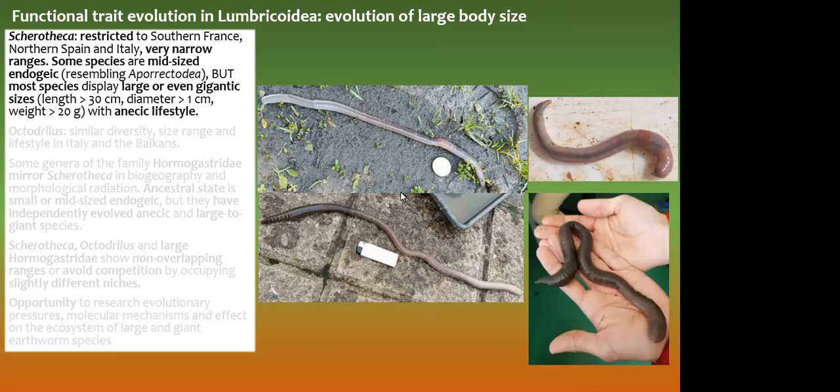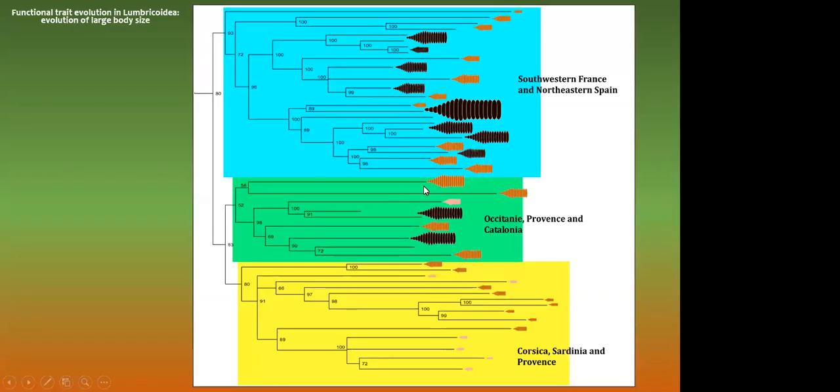And here, when we build the molecular phylogenetics of the genus Scherotheca, and we plot into it its size and pigmentation, we find three large clades, which make sense biogeographically: Corsica and Sardinia; Provence, Occitanie, and Catalonia; and southwestern France and northeastern Spain.